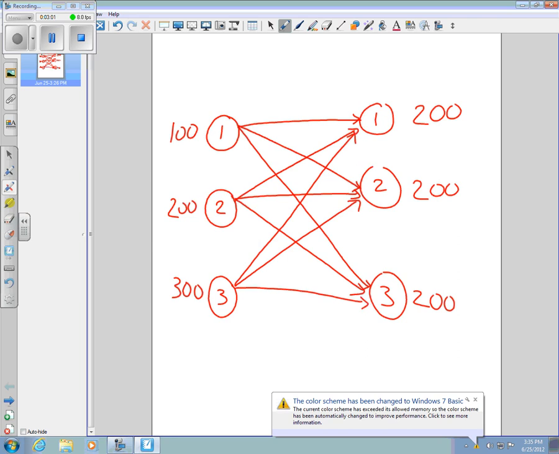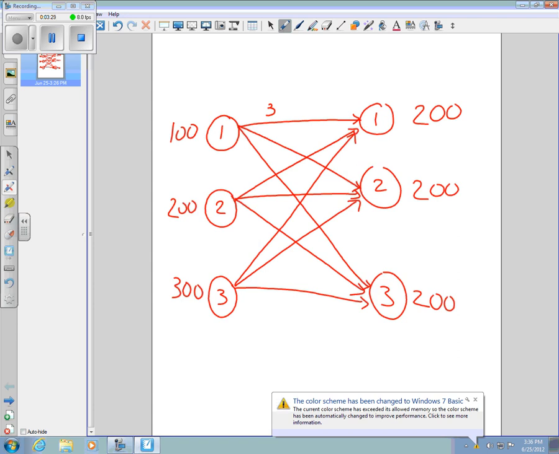Now, on each arc, each arrow, in other words, you'll have a cost associated with that transportation, and it's a per unit cost. So let's say it costs $3 to ship 1 unit from node 1 to node 1. So maybe this node 1 on the left represents Oklahoma City, the node 1 on the right represents Tulsa, and it costs us $3 to ship 1 unit from Oklahoma City to Tulsa.